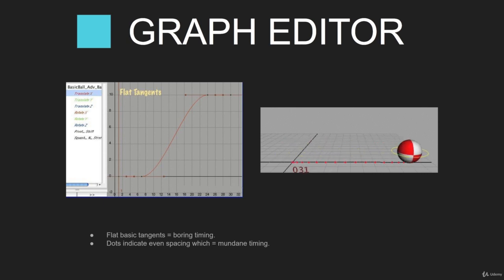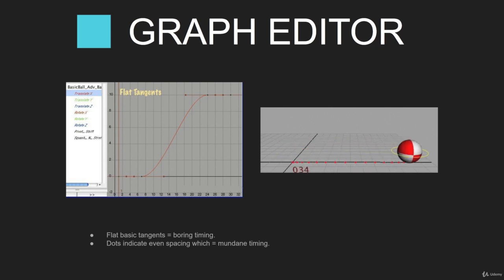If they're flat, you can kind of see how those curves start to rotate in a non-linear fashion. They have a little bit of a curve to them, and then they straighten out in the middle. What's essentially happening there is it's allowing this ball to move slow at the beginning, speed up in the middle, and then slow down at the end.